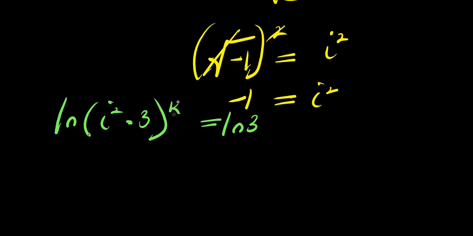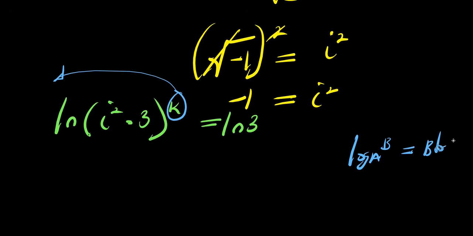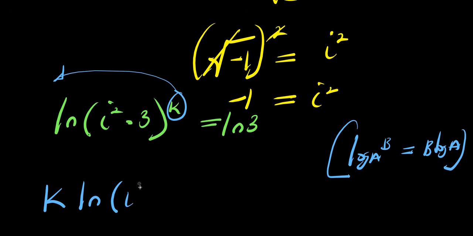So what happens is that this k will come behind this. Remember, if you have log a^b, this equals b times log a. So this comes behind this. We have k times natural log of (i^2 times 3) equals natural log of 3.